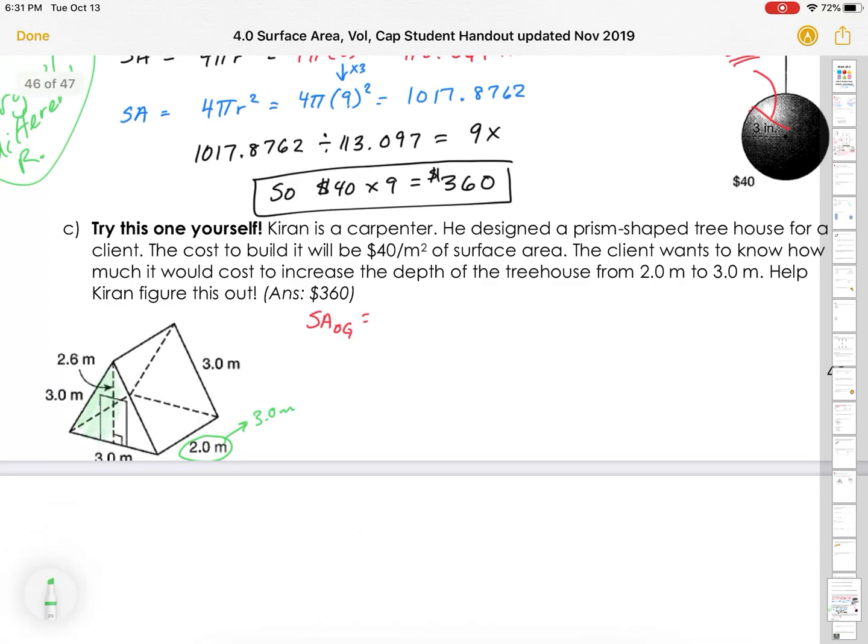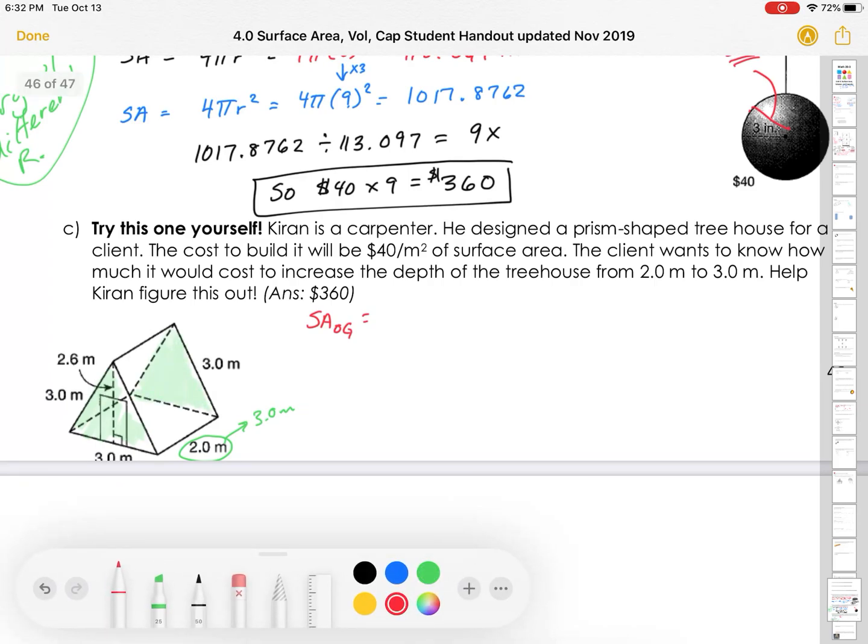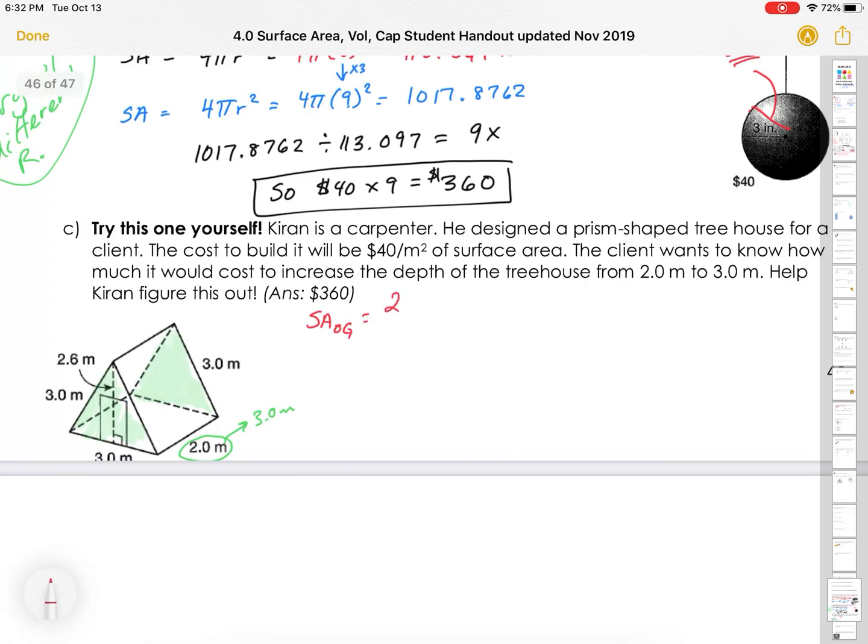So we have 2 triangles, because we have a triangle at the front and one at the back. And we have 3 rectangles, and they might be all different sizes. In fact, I think they are. It's an equilateral triangle, so actually, no, they're all the same size. So we have 2 triangles, base times height over 2, plus 3 rectangles, which are length times width.